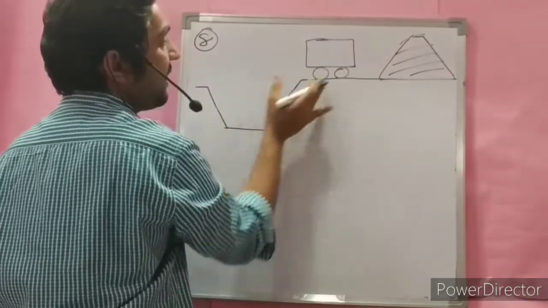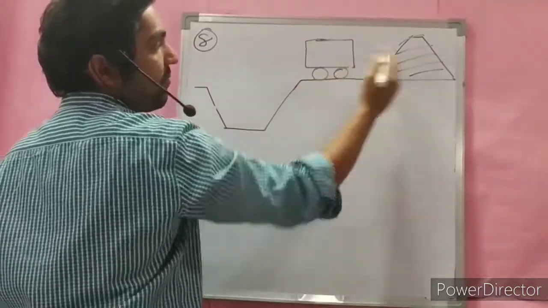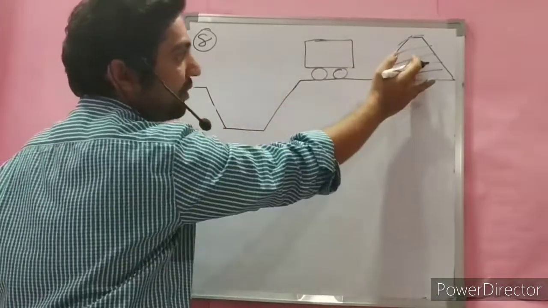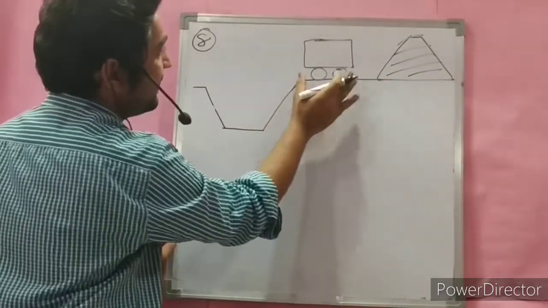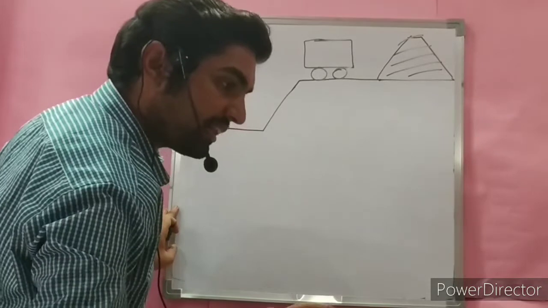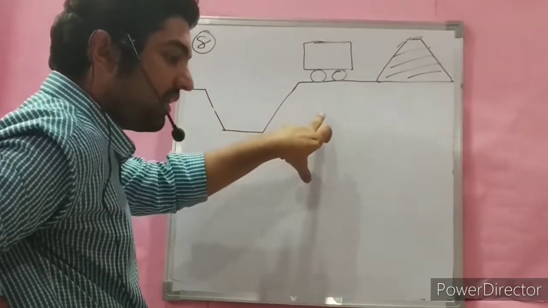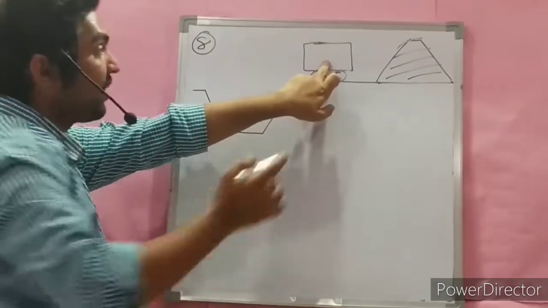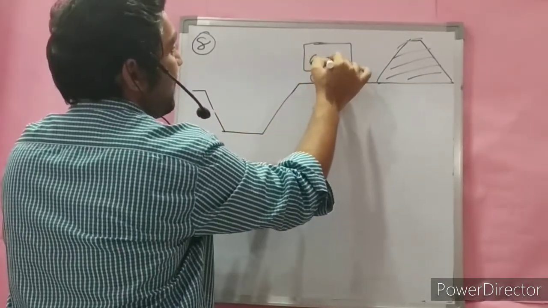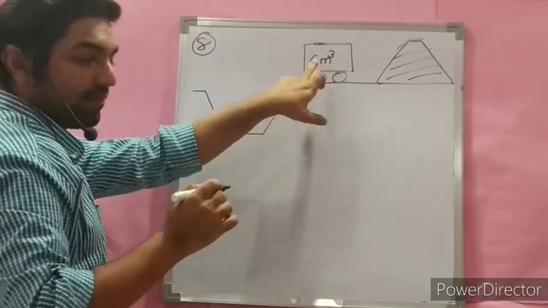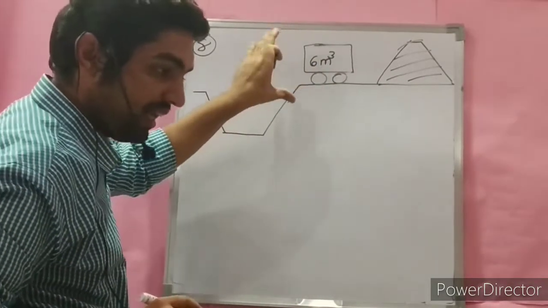There is a truck that carries this soil and deposits it here. The truck can carry 6 meter cube of soil. This is the capacity of the truck.